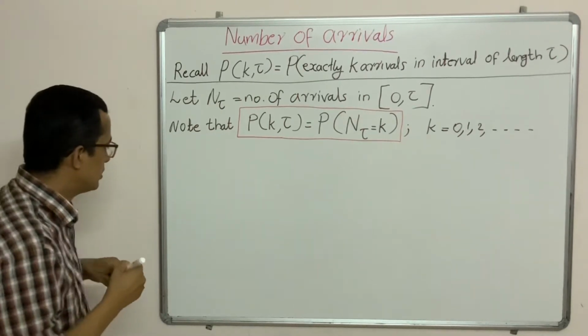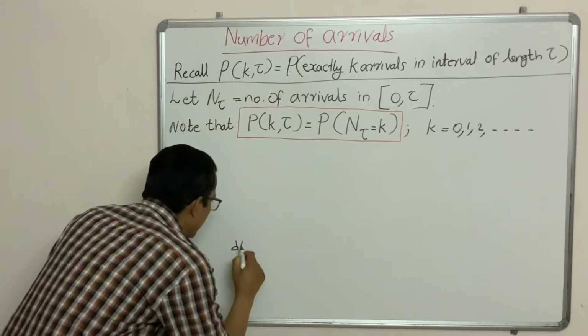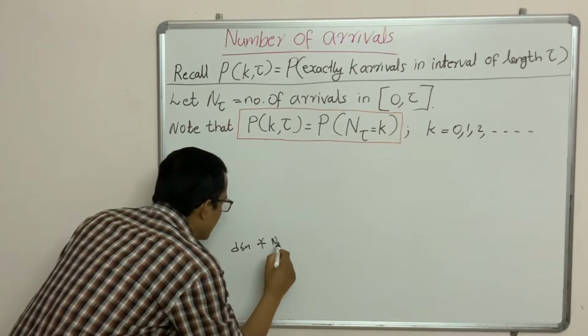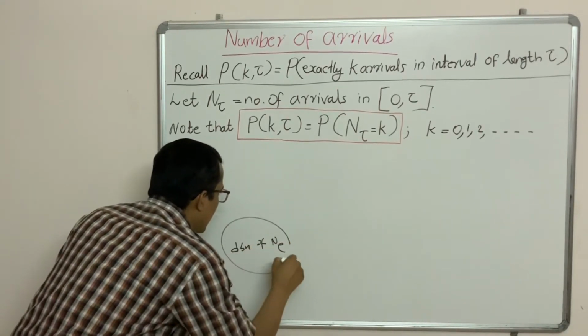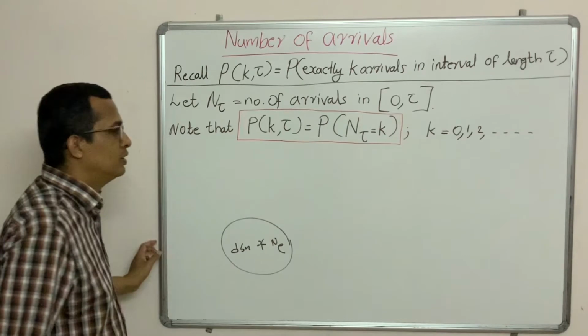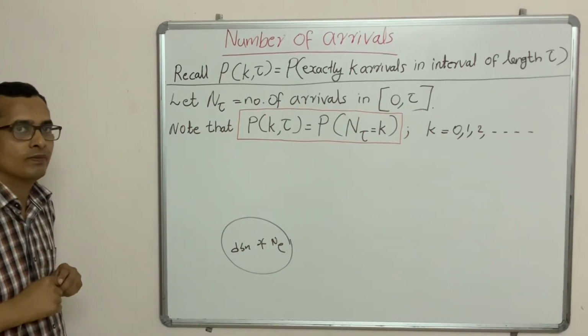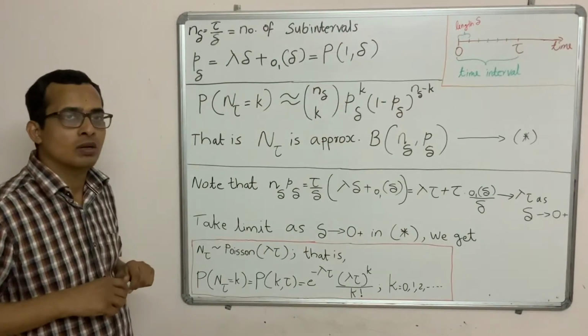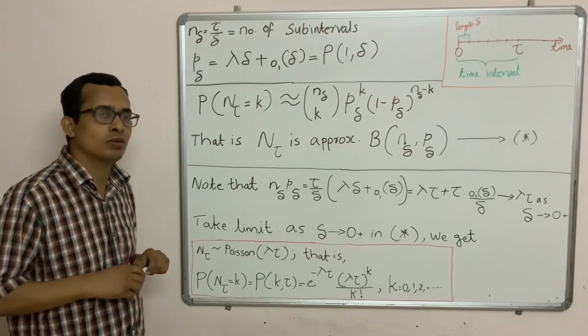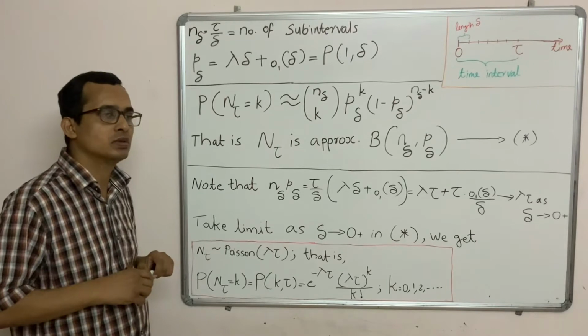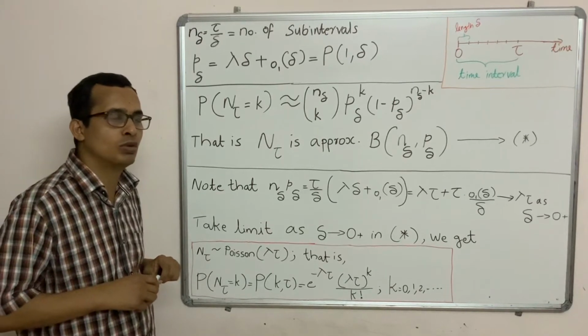Next, we have to derive the distribution of the random number of arrivals in the interval 0 to tau.